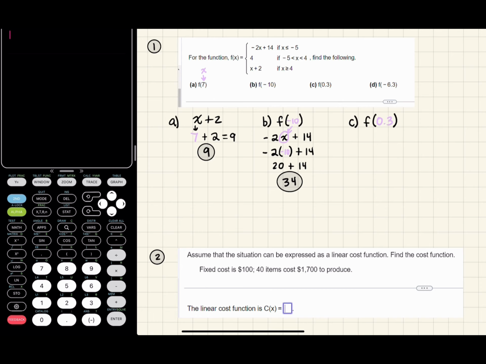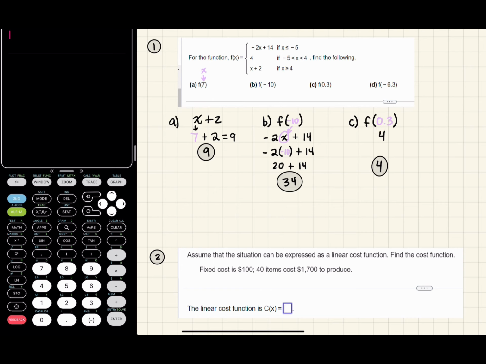So let me write that function down. And we're going to replace any x's in there with 0.3, but there's no x's in this particular expression. It's just the number 4. So when that happens, that's your answer. No more work to do. 4 will be our answer there. There were no x's for us to plug the value they gave us in, so we just use this value as our answer. 4 is it.